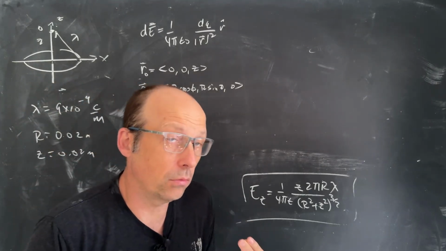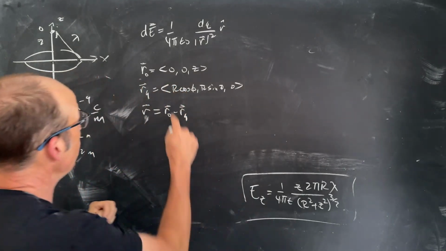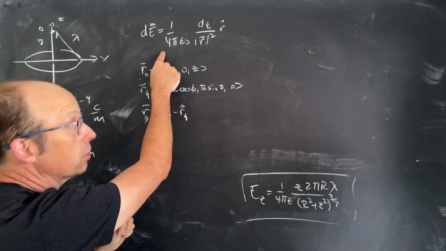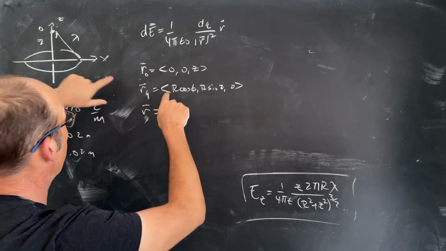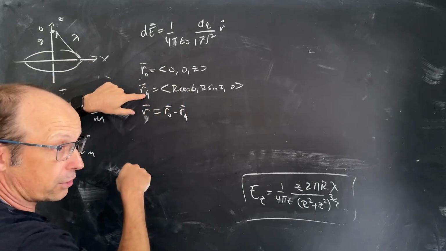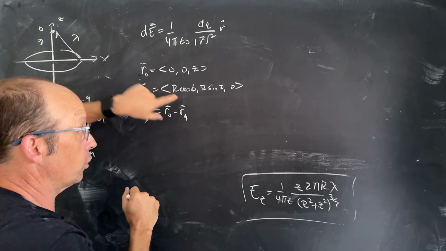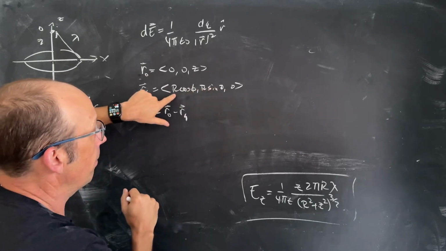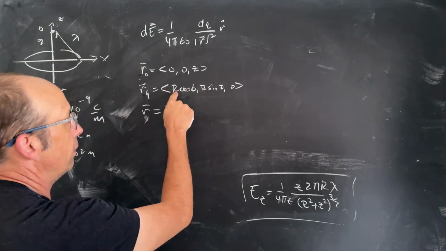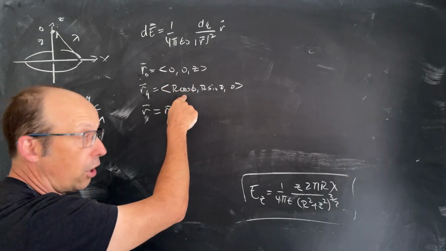So what are we going to do? Remember that the electric field due to a tiny point charge is this. This is the electric field due to a point charge, where R is the vector from RQ, the location of the charge, to the observation location, which we found before. We wrote this in partial spherical coordinates, partial Cartesian coordinates, and so that's my R vector for the charge.